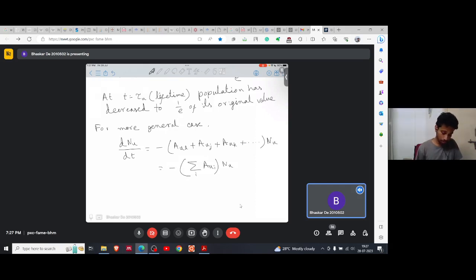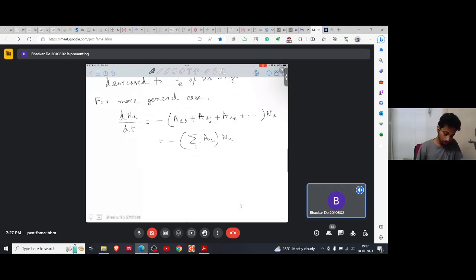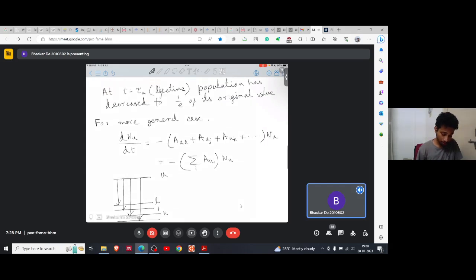So here basically what we are saying is that there is this u level and then there are multiple lower levels, that is L, J, K and so on. So from u we are having this kind of transition, and every transition has a different decay rate.